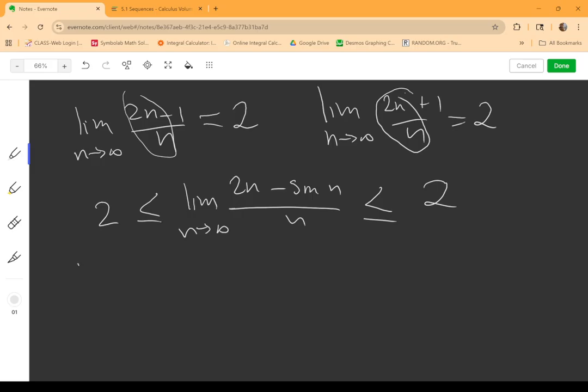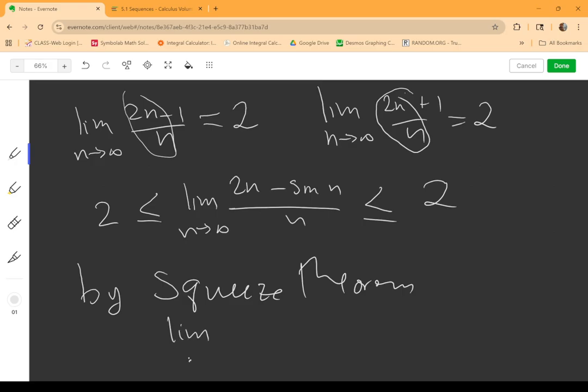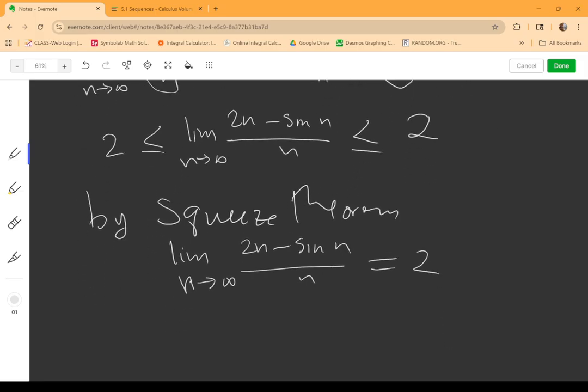And by the squeeze theorem, we can say that the limit as n goes to infinity of (2n minus sine n) over n is equal to 2. And that's how we apply the squeeze theorem.